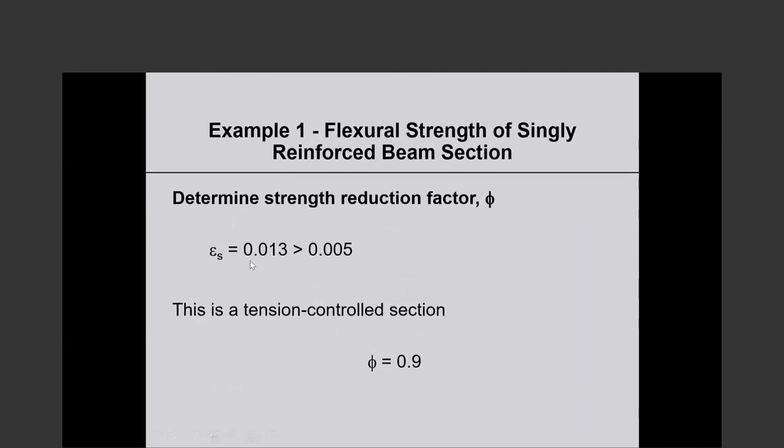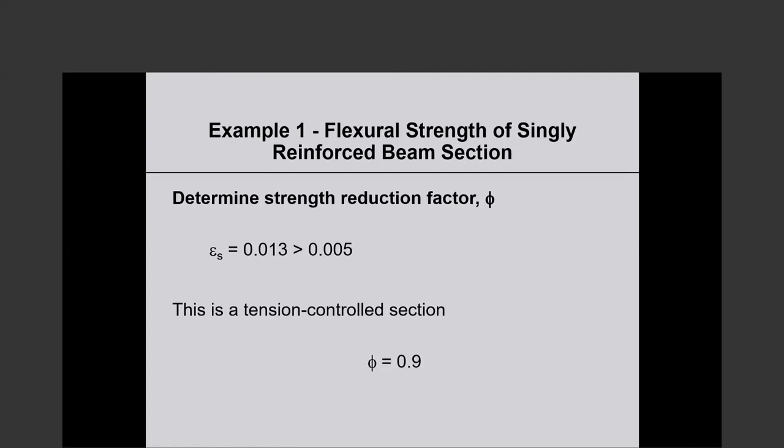And since this is now also our net tensile strain, the strain in the reinforcement corresponding to a strain of 0.003 in the extreme compression fiber is also net tensile strain.